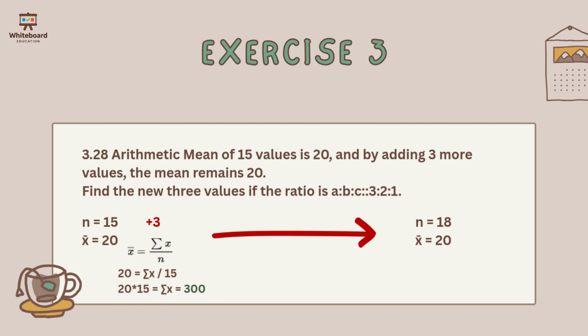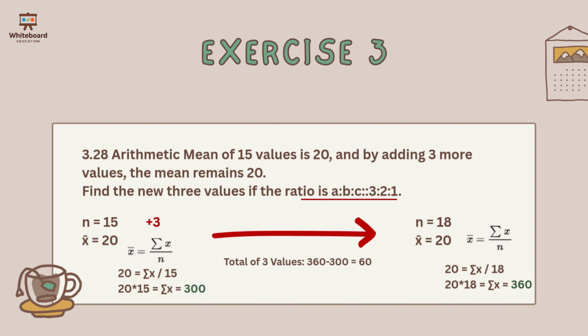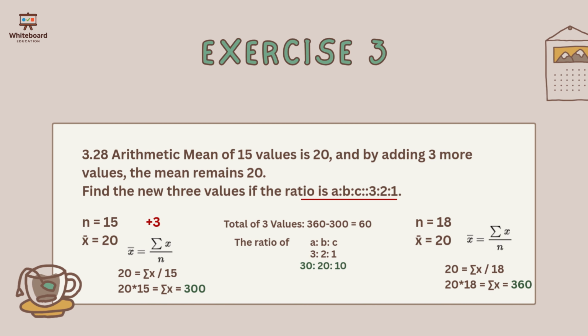We get summation x equal to 20 multiplied by 15, that is 300, and do the same for the values after adding, and we get summation x equals 360. Now, we know that the total of the 3 values is 360 minus 300, which is 60, and we know the ratio of these variables. Now, we can divide the 60 according to the ratio of each variable. Thus A, B and C are 30, 20 and 10, which ultimately total 60. I hope you got it.